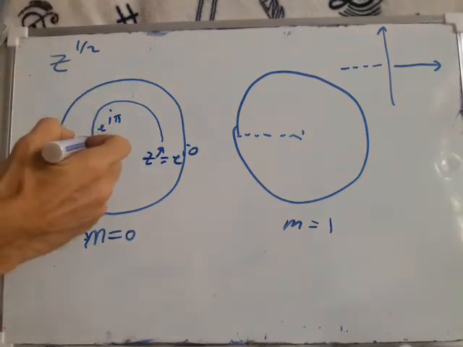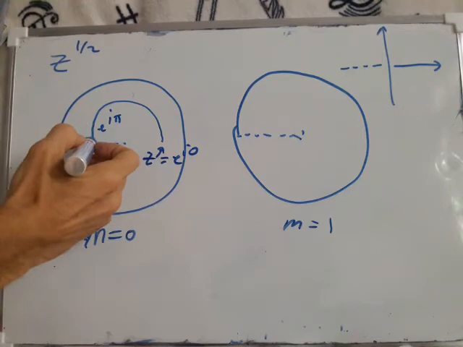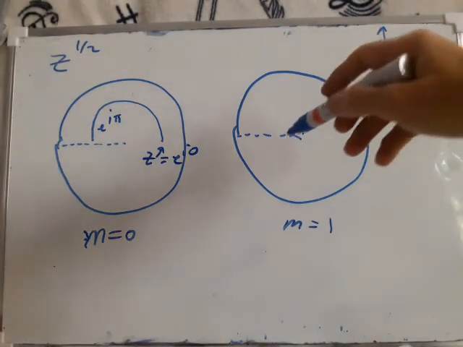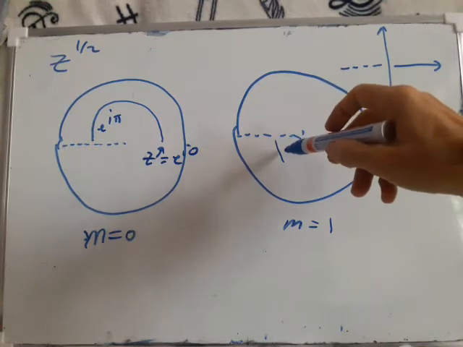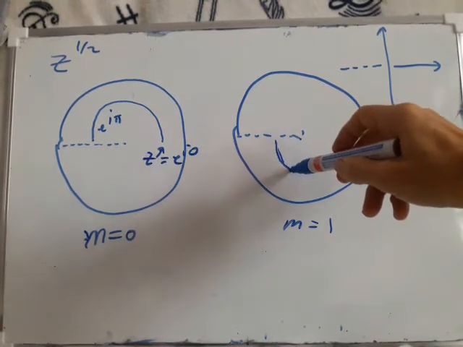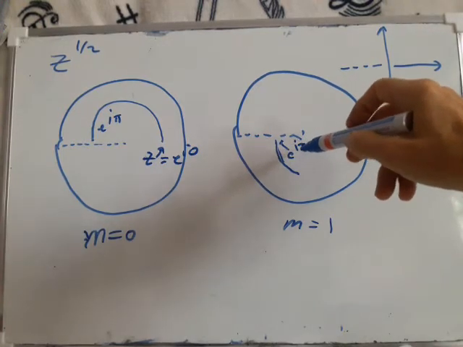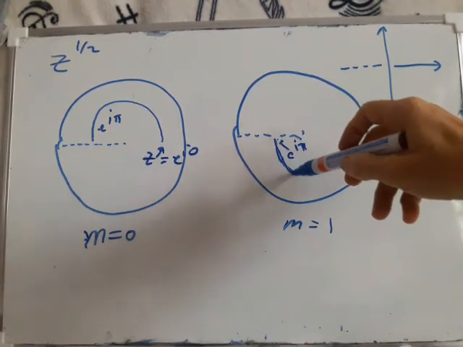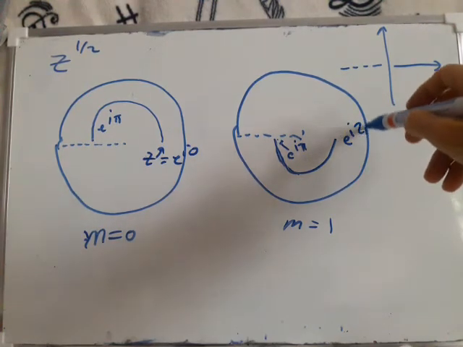Now when you reach this point where you would normally have a branch cut, what you do is you jump onto the other sheet. So at this point I go round, and z again is effectively e to the i pi. Then I go round here, z is e to the i 2 pi.